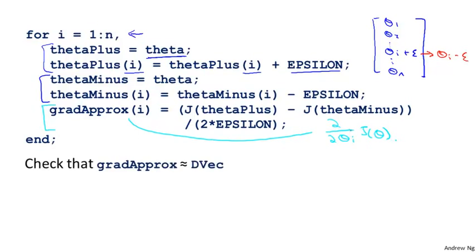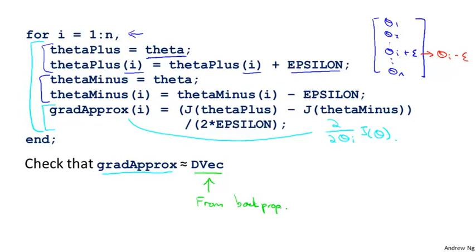The way we use this in our neural network implementation is we would implement this for loop to compute the partial derivative of the cost function with respect to every parameter in our network. And we can then take the gradient that we got from backprop. So dvec was the derivatives we got from backprop. Backpropagation was a relatively efficient way to compute the partial derivatives of our cost function with respect to all of our parameters.